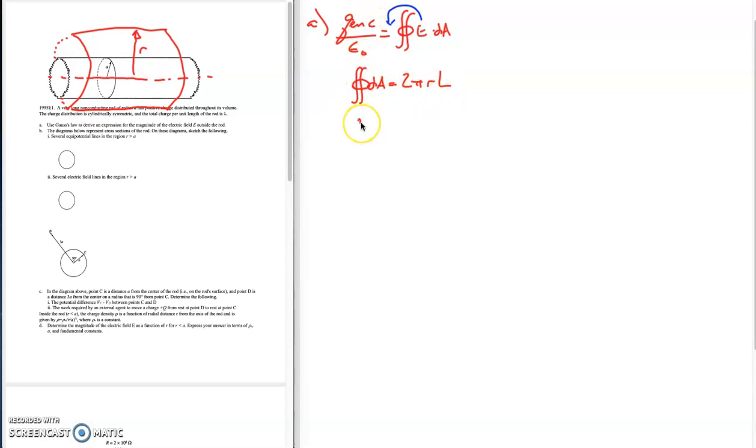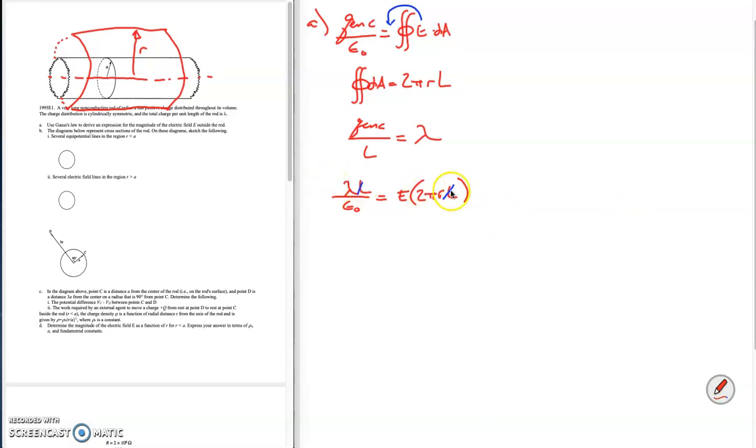And then the Q enclosed, they told us, has to do with charge per unit length. So we'll have to divide this by length, and that will get us our charge per unit length of lambda. So substituting each of these into here and solving for the electric field: E 2 pi r L, and then the L's will cancel.